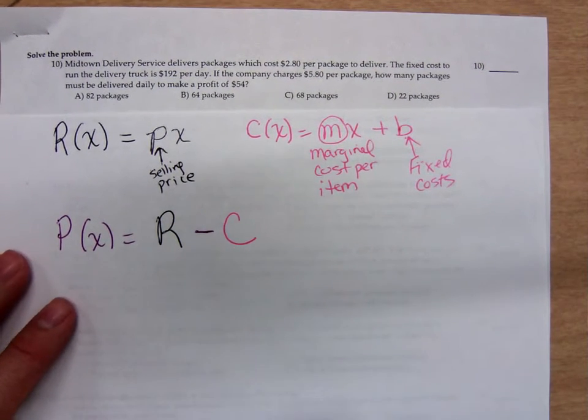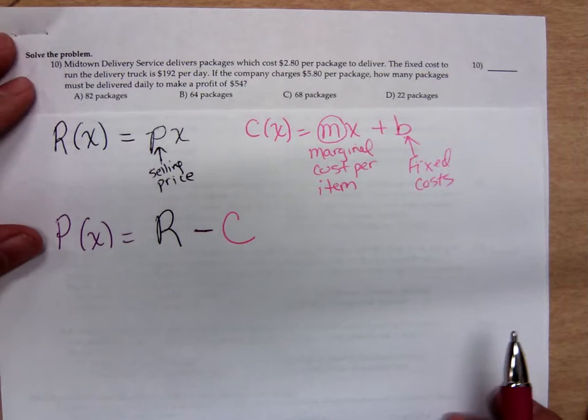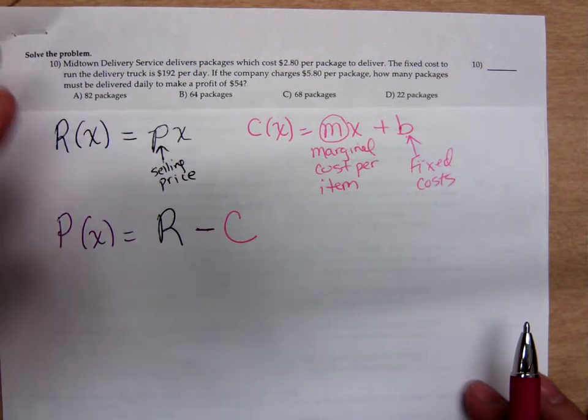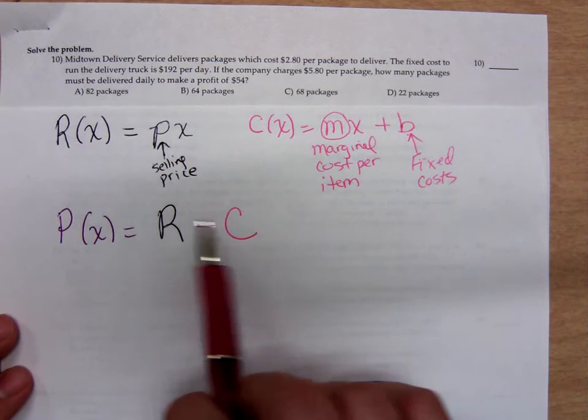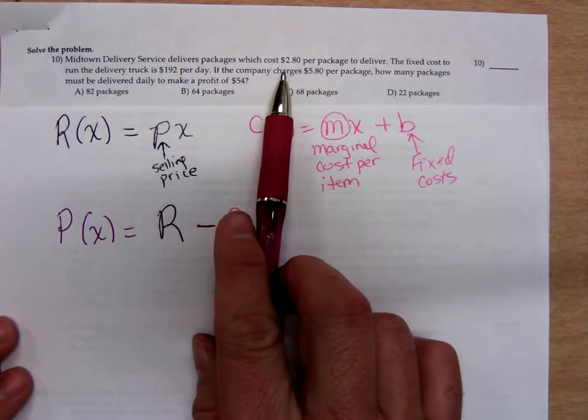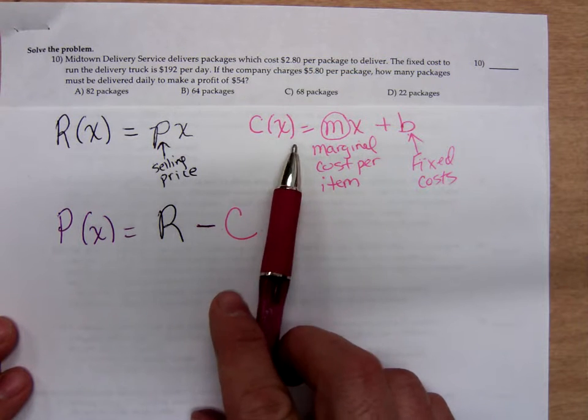Now to actually start doing number 10, let's see. This problem talks you through all three of these functions. It starts off giving you the information that you need in order to write the cost function. Okay?